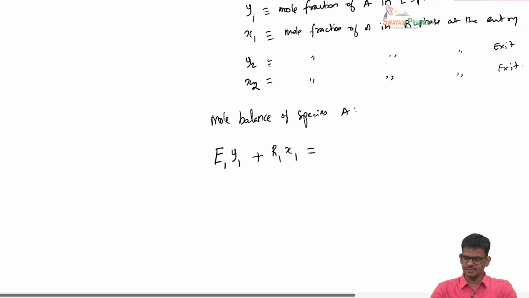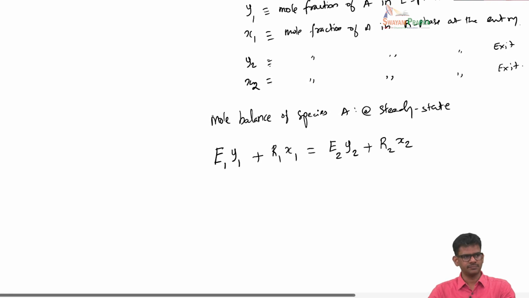At steady state, this should be equal to how many moles of A are flowing out, that would be E2 Y2 plus R2 X2.